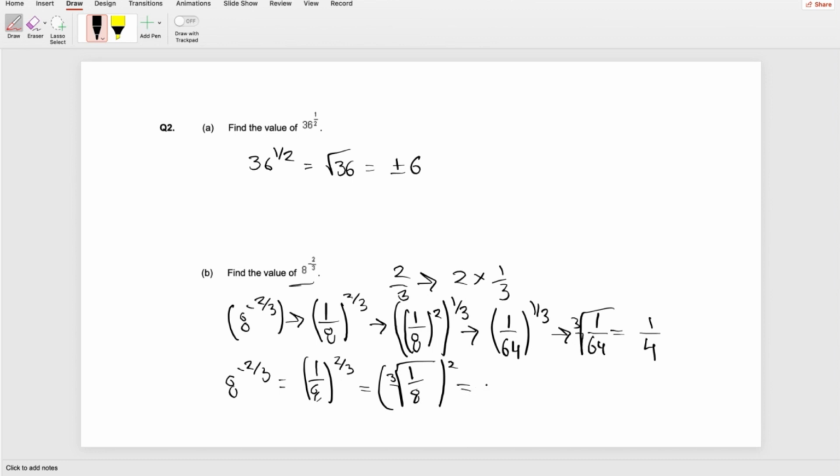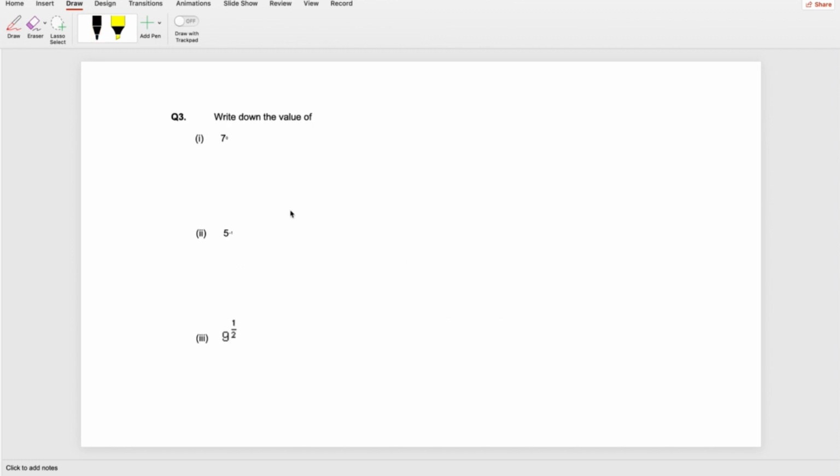You do the brackets first. So the cubed root of 1 over 8 is 1 over 4. Sorry, 1 over 2. So you solve what's inside the bracket, then you do 1 over 2 squared, which is 1 over 4. Same answer.